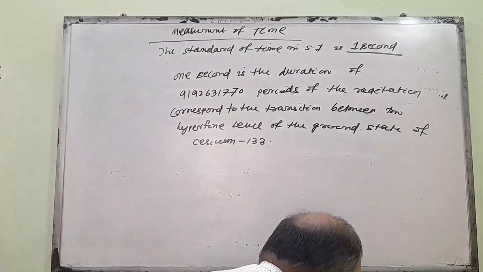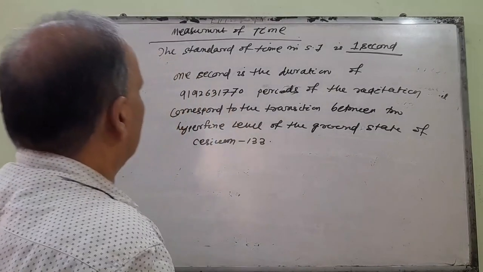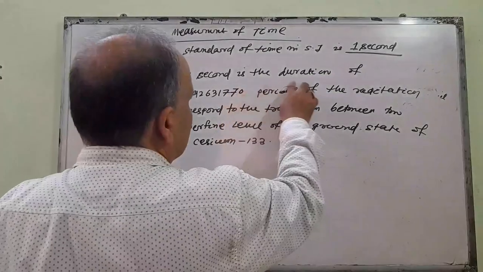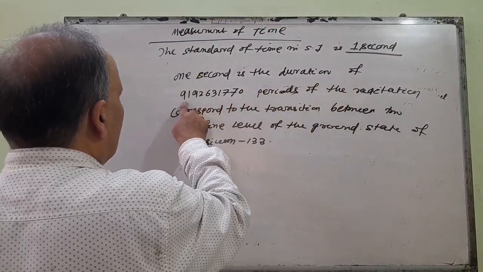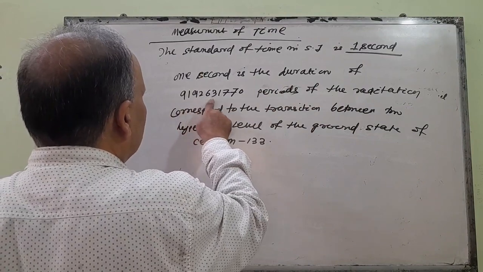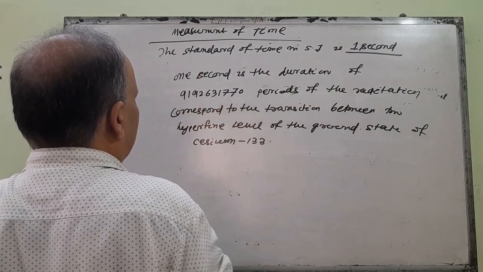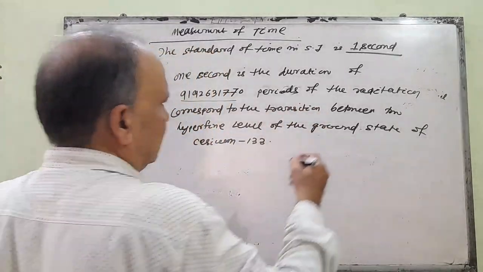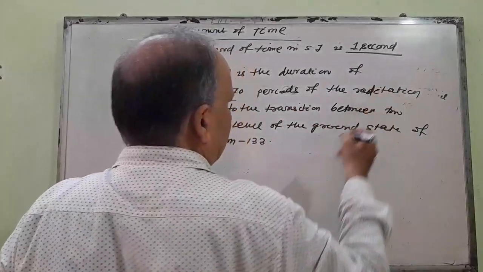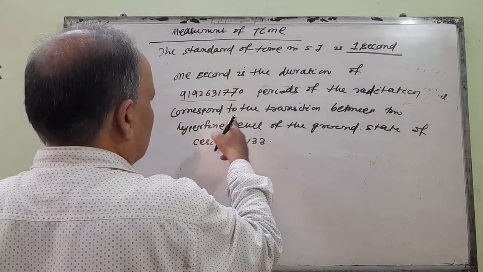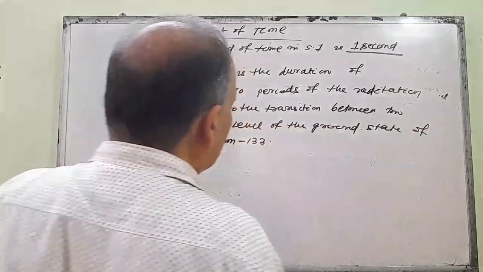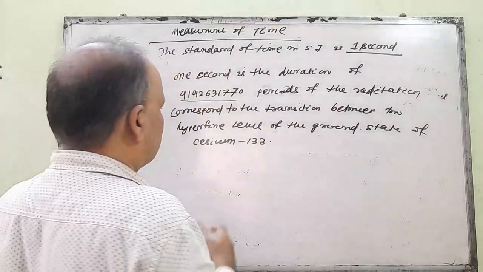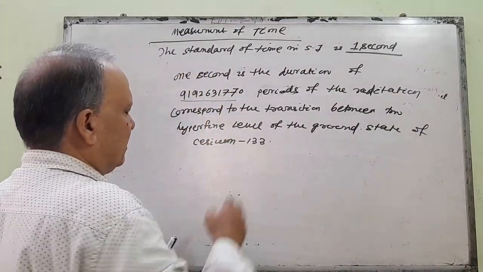You see, what is 1 second? 1 second is the duration of 9192631770 periods of the radiation corresponding to the transition between two hyperfine levels of the ground state of cesium 133.